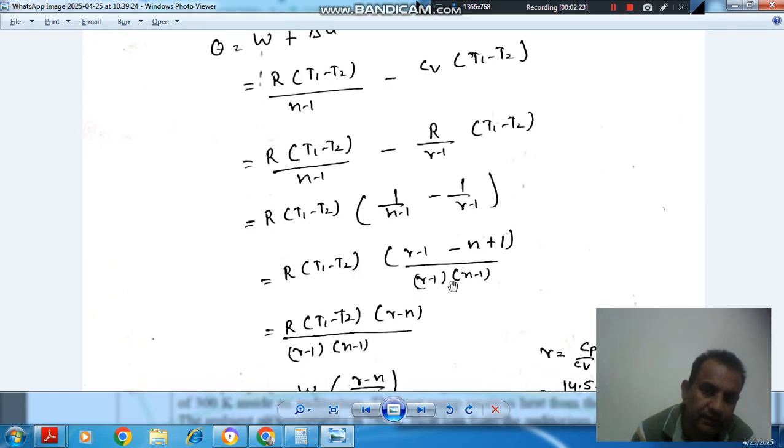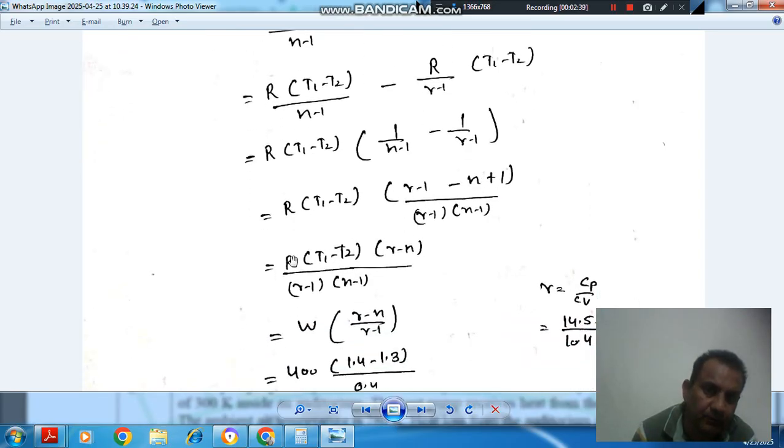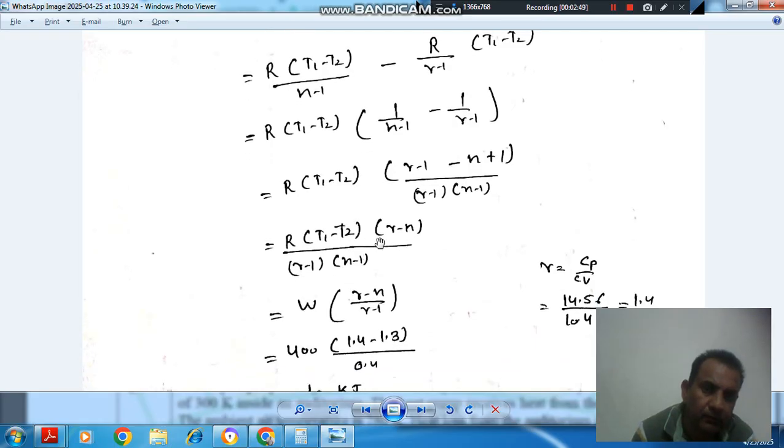So taking LCM, it will be (gamma minus 1) here and (n minus 1) here, and as there is a minus sign, the sign will also be taken, so gamma minus 1 minus n plus 1. So 1 cancels, and it will be R (T1 minus T2) times the bracket (gamma minus n) divided by (gamma minus 1) by (n minus 1).